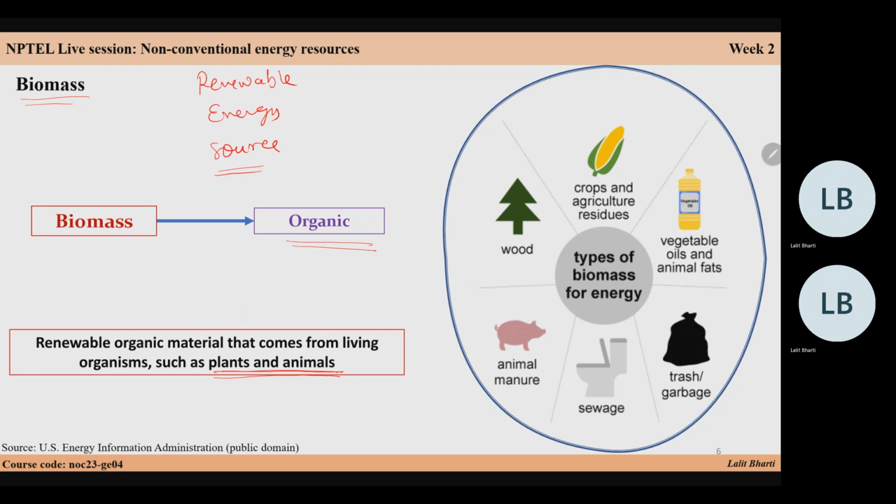These materials are called biomass, and usually the energy is produced by burning the biomass.